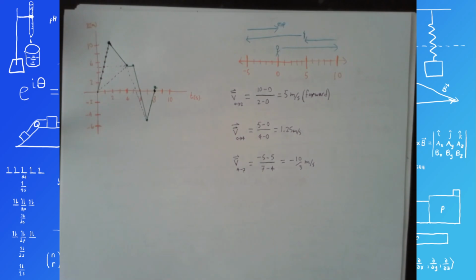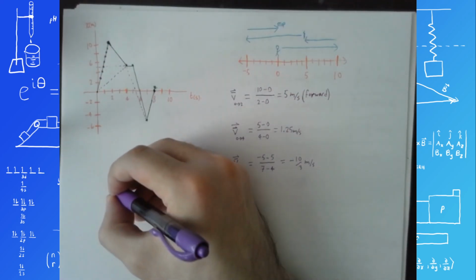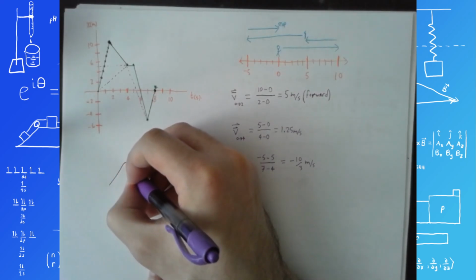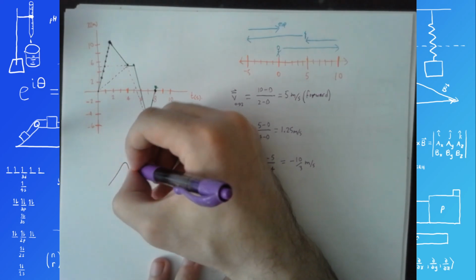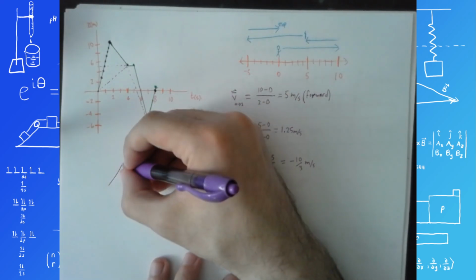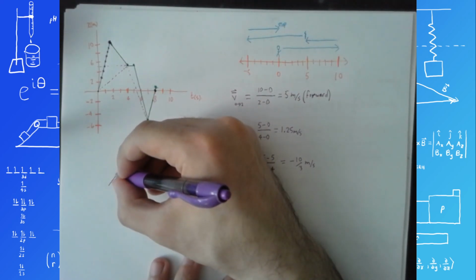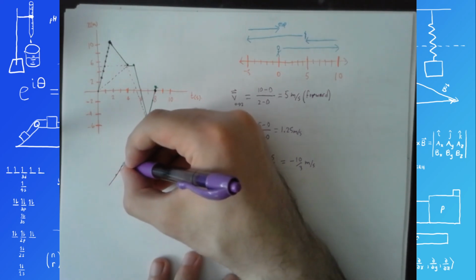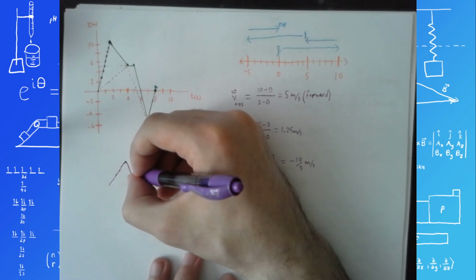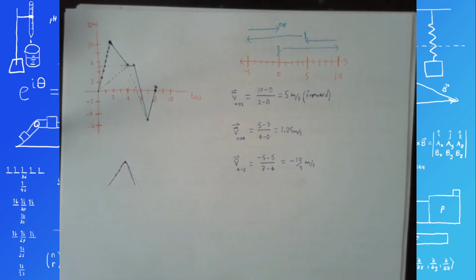In reality, this peak would actually smooth out like this over the course of a split second. They would be at 5 meters per second, 5, 5, and then over here they slow down to 4, 3, 2, 0 once they reach this peak, and then they start turning back and growing into the negative velocity.